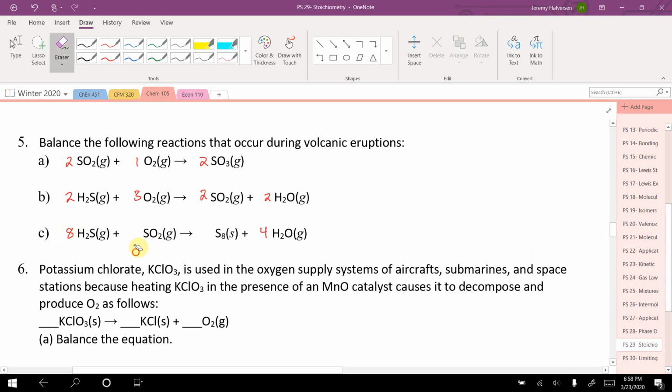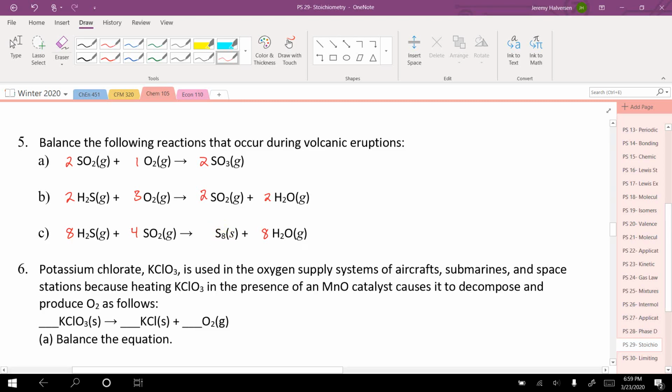And if you double too far, that's fine, because at the end you should notice that you can just reduce all your numbers if they're all divisible by 2 or something. All right, so now let's see, my hydrogens, I have 16, 16, oxygens 8, 8, sulfurs 8 plus 4. 8 plus 4 is 12.